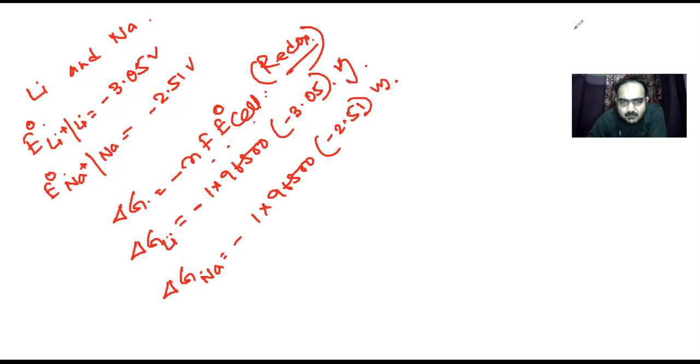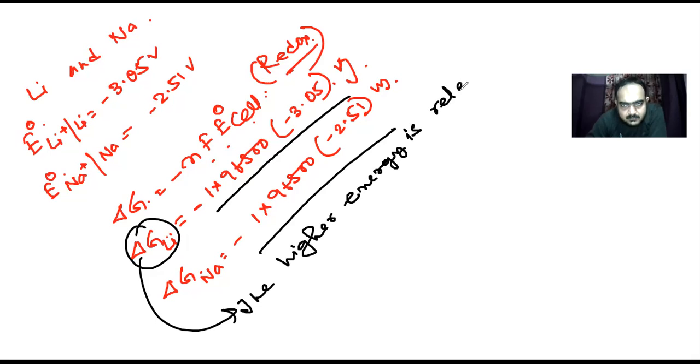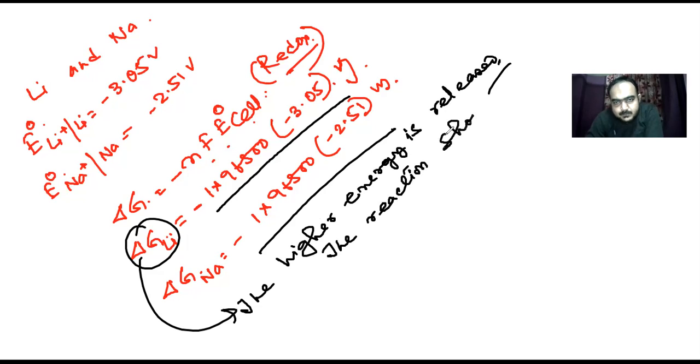So it is evident that for lithium a higher amount of energy is released. Higher energy released means the reaction should be violent, but in practice it is mild.